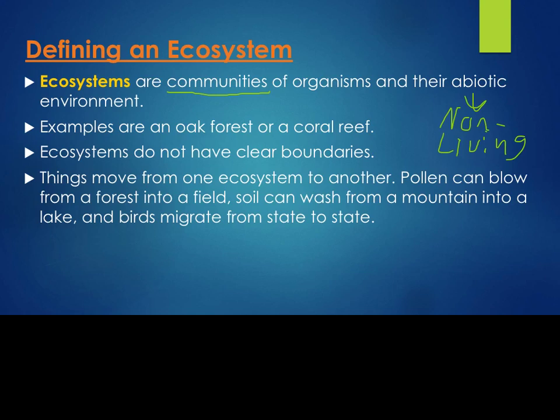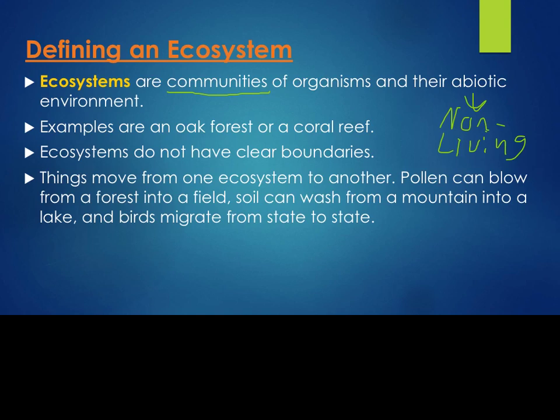And what we see is that ecosystems don't have clear boundaries. You can't just draw a line on a map and say one ecosystem ends here and the other starts here. We can group them in little areas and look at them, but for the most part, things go from one ecosystem to the other.